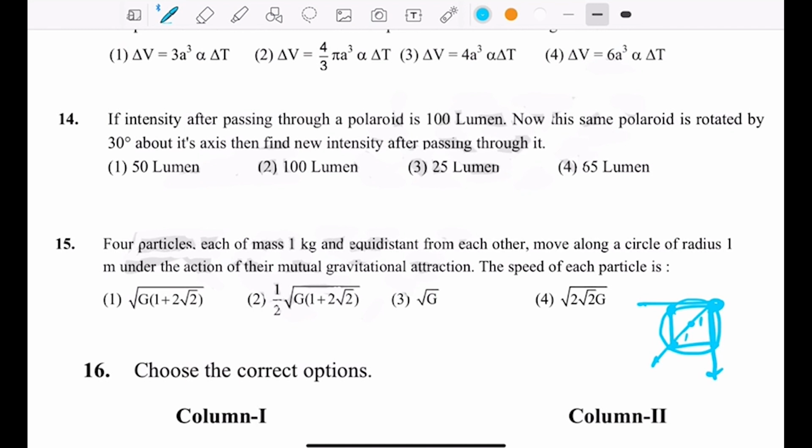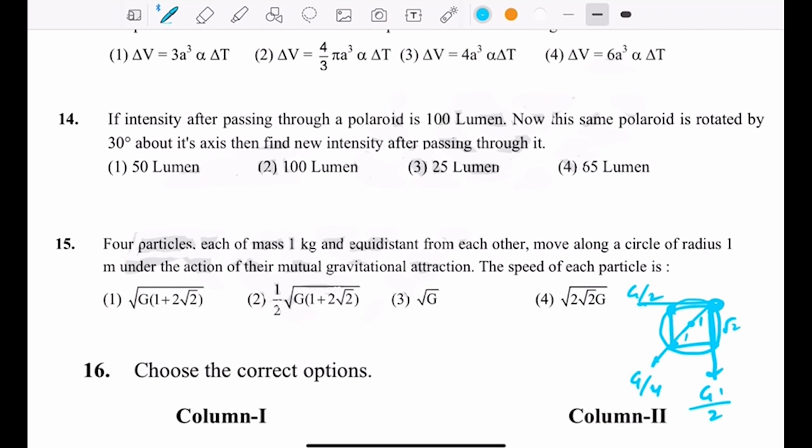This diameter will be 2, so this will be root 2. So the forces will be G into each of mass 1 kg, Gm square by r square. Here it will be G by 2, here it will be G by 4. So the net force will be G.